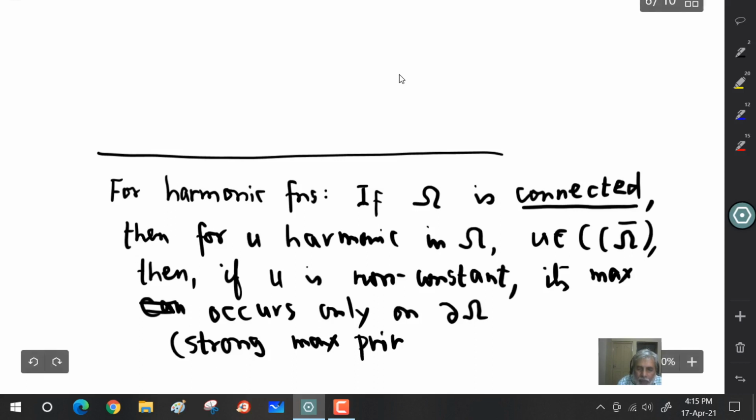So when omega is connected, a harmonic function cannot have a maximum in the interior unless it's a constant function.